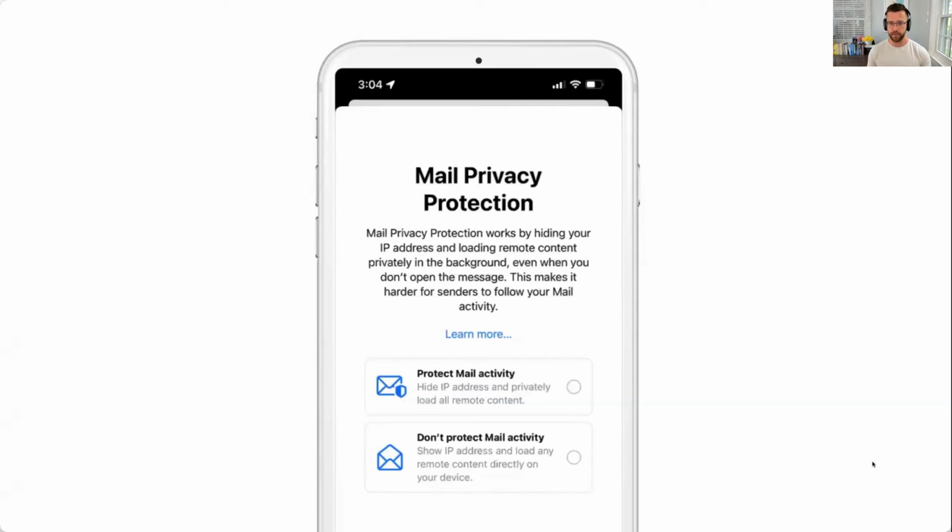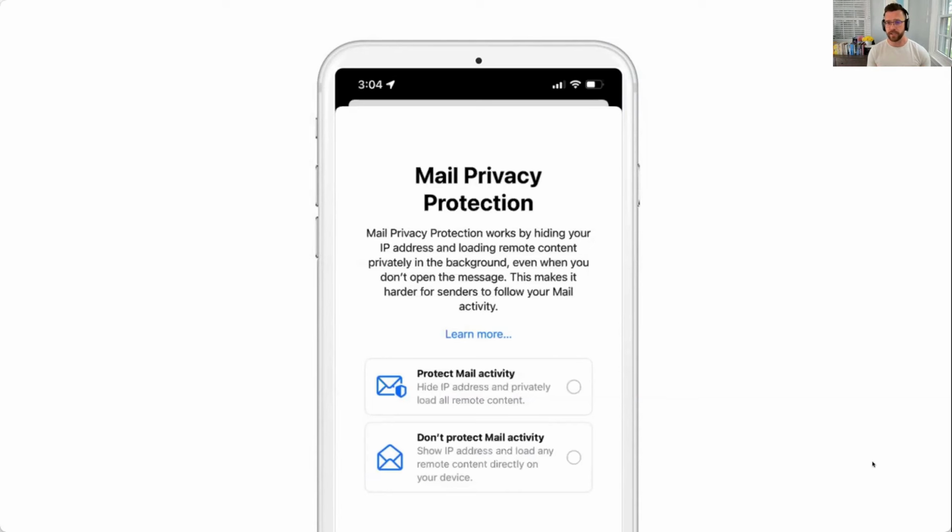If you're not familiar with MPP, this came from the team at Apple, which we all have to pay attention to because approximately 50% of email campaigns are being opened across Apple's ecosystem, whether that's a MacBook, an iPhone, or an iPad. MPP was introduced in September with iOS 15, and we know that about 70% of iOS users across the entire world have upgraded to iOS 15 and selected mail privacy protection.